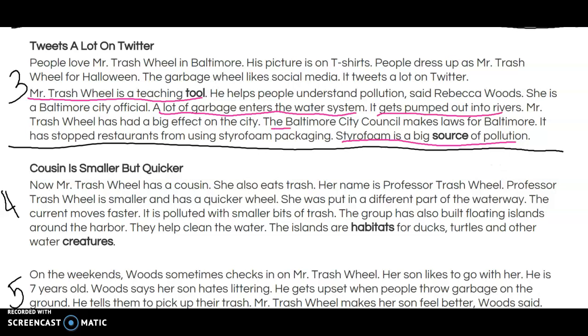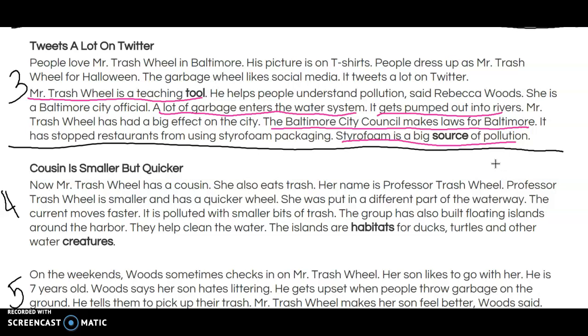And also, the Baltimore City Council makes laws for Baltimore. That helps us understand why Mr. Trash Wheel would have been created. And the other ones are mostly opinions, like people love Mr. Trash Wheel. Well, maybe not everyone loves Mr. Trash Wheel. That's an opinion. And then the others are irrelevant to how Mr. Trash Wheel operates or what Mr. Trash Wheel does.